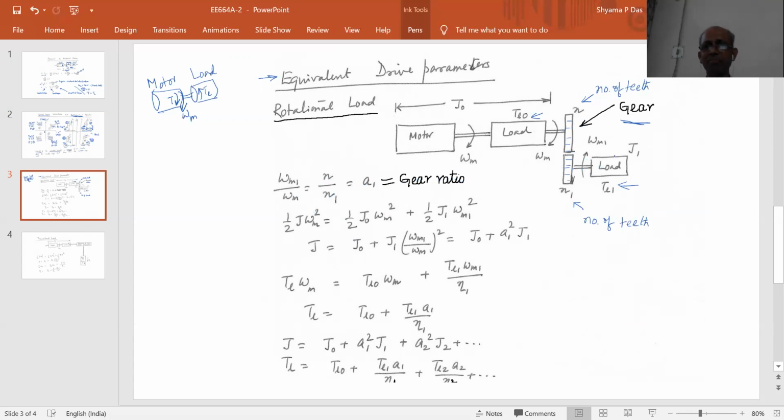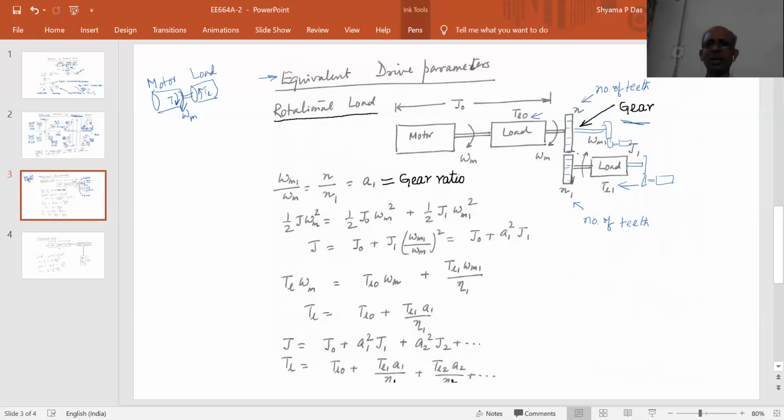Similarly, we can have a second gear also. We may have another load connected here, or we may have this extension, so we may have another gear here and another load. We can have all these possible combinations.